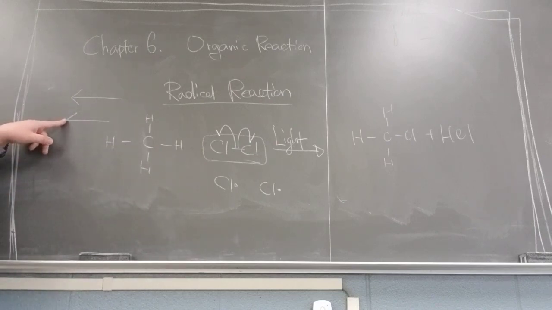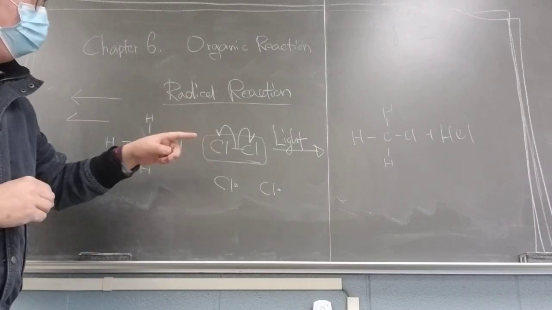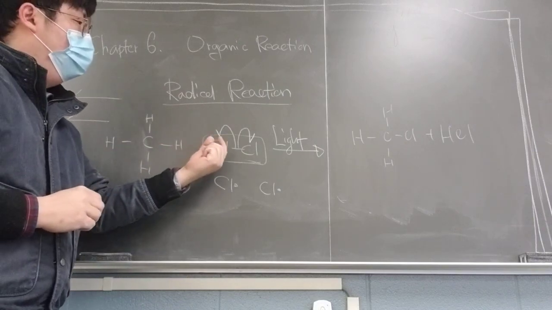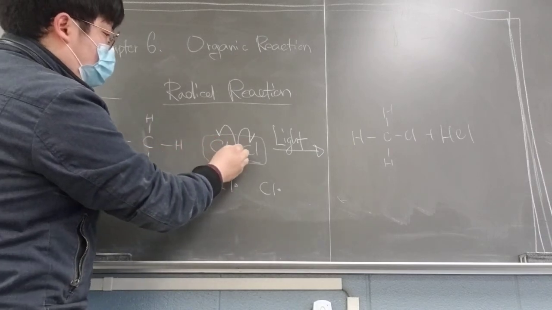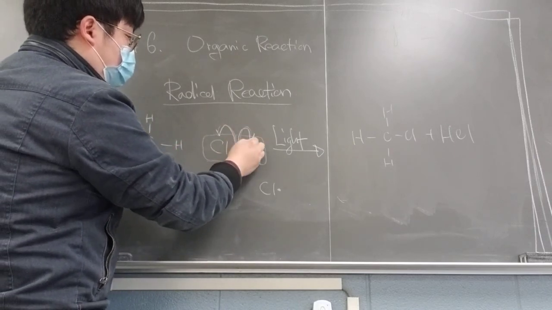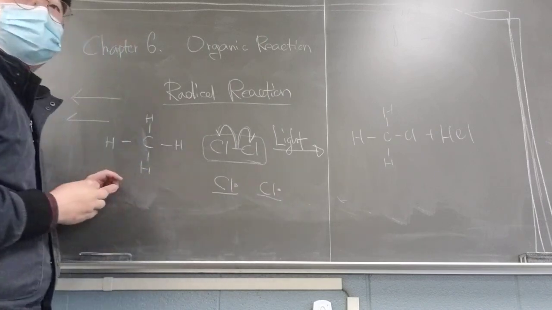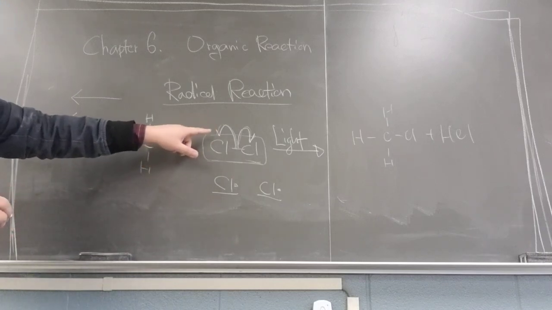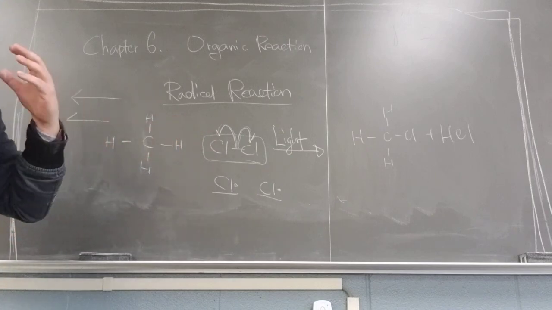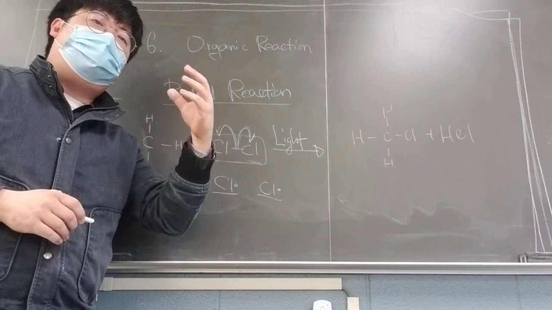So if you do a fish hook arrow like this, you're showing the motion or the movement of one electron at a time. So one goes on here, the other goes on here. That's why we have these two radicals. So this is what we call the fish hook or the half-headed arrow. It's up to you how to call it, but the point here is you need to do this when you want to show the motion of one electron.